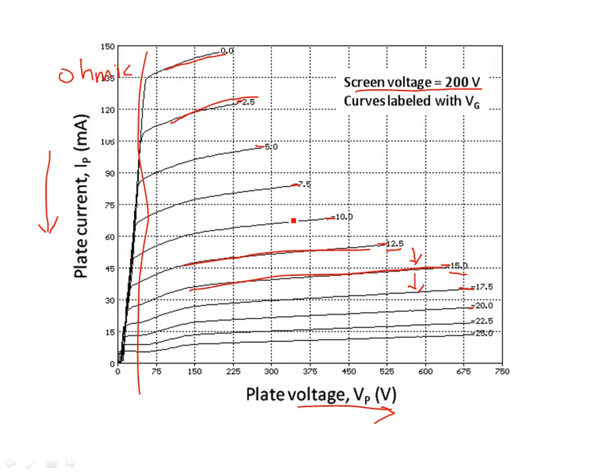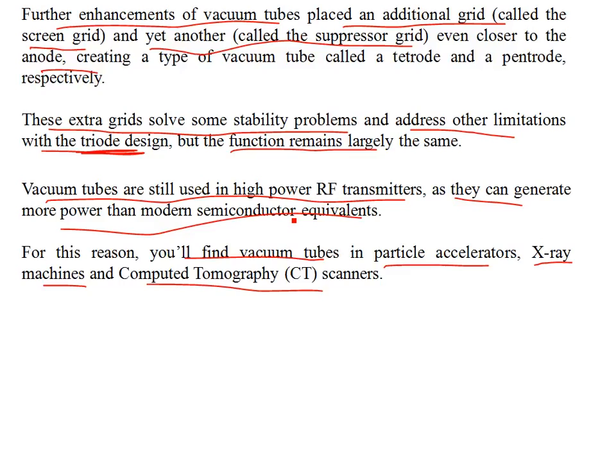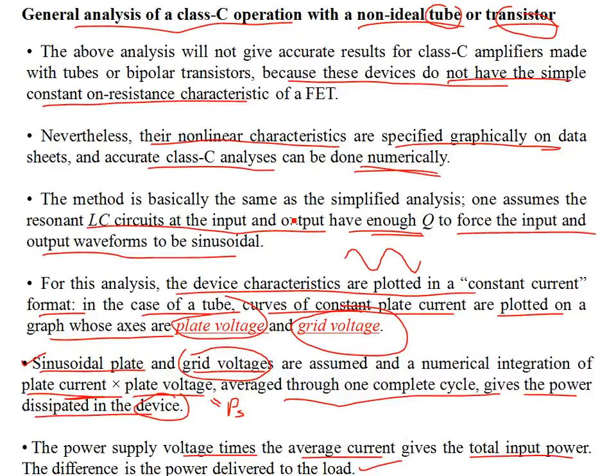So coming back to the point, if you are replacing field effect transistors with vacuum tubes in class C amplifiers, where they do not have a simple constant on characteristic, then you have to consider the graphical data.